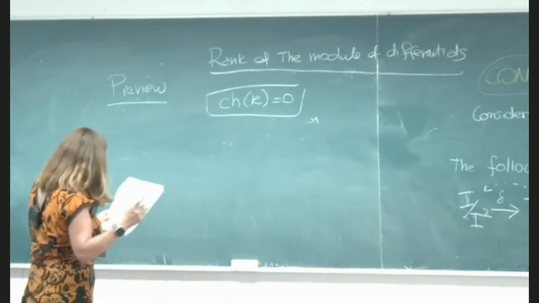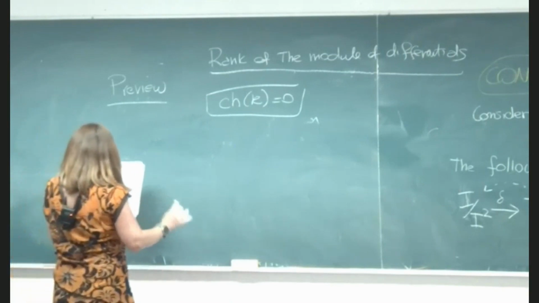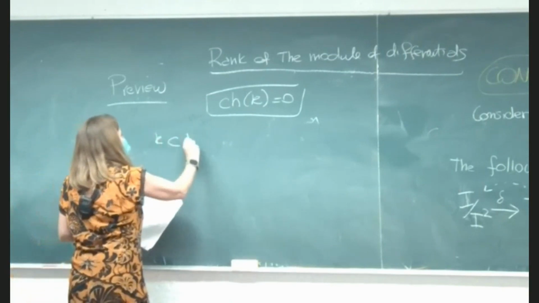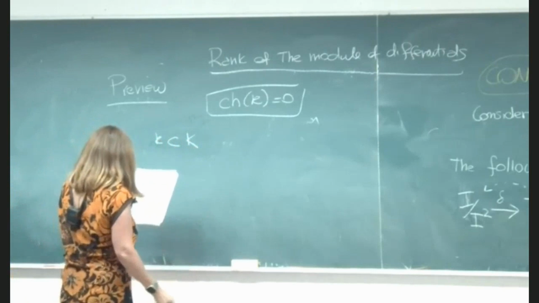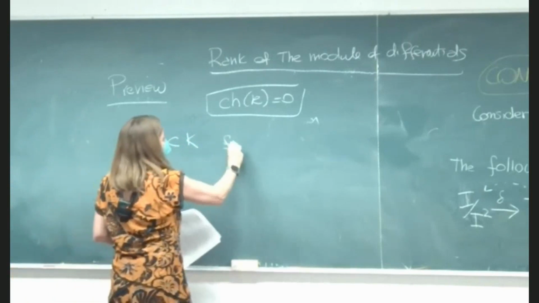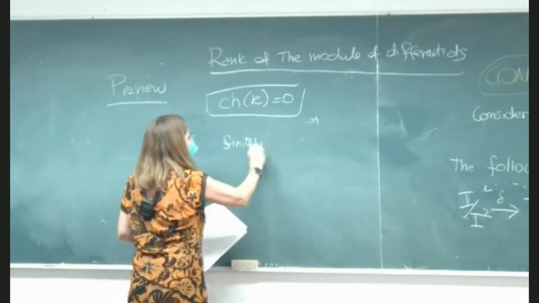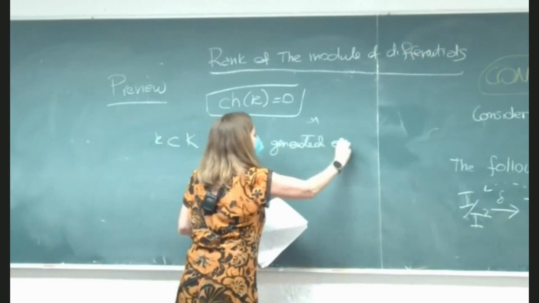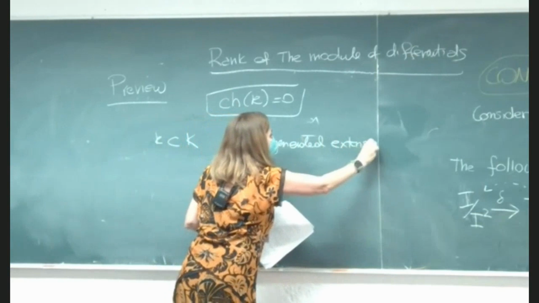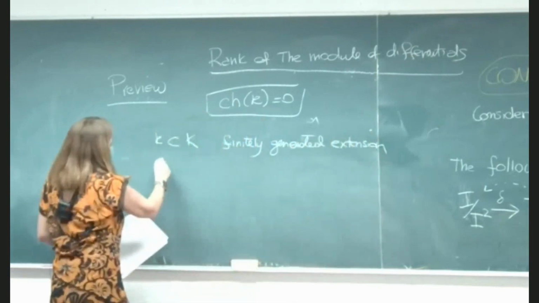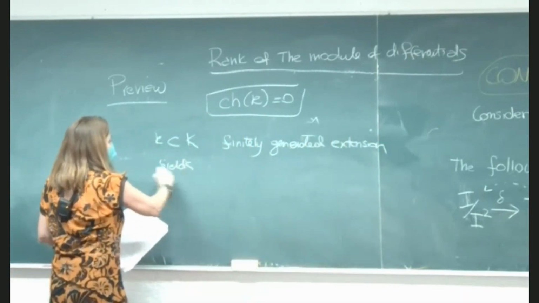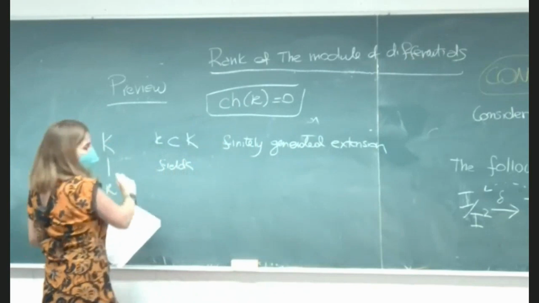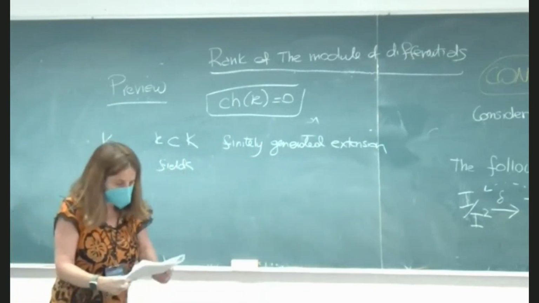What we are going to try to prove is that if you have a finitely generated extension of fields, so these are two fields, one containing another. Remember the tower of fields that you did also in Galois theory.